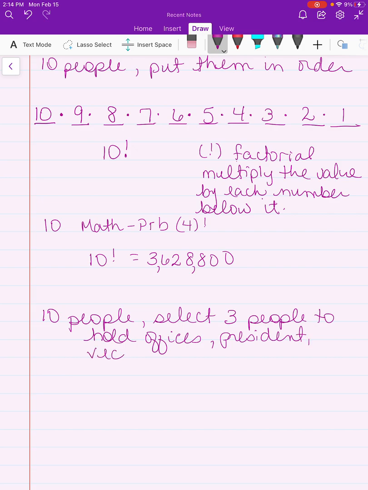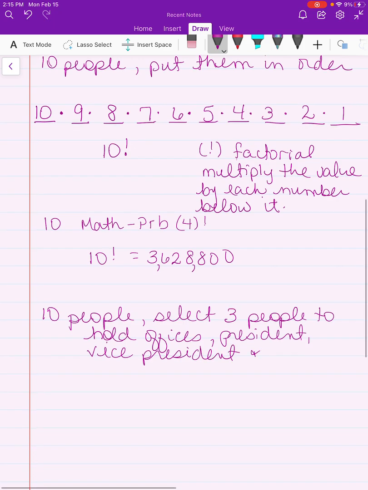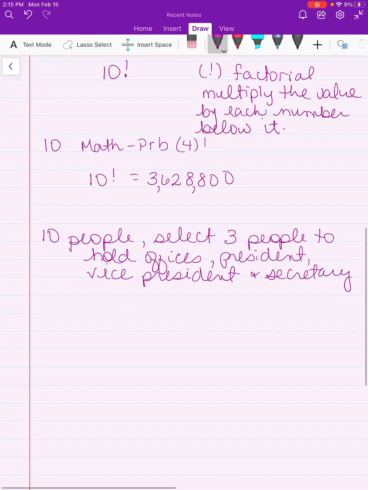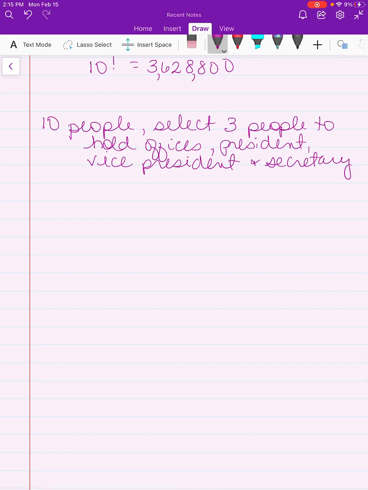President, Vice President, and Secretary. So since the order matters, I'm sorry, I did go back and change this. So now we're going to do the order matters.